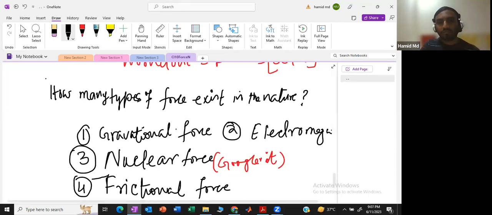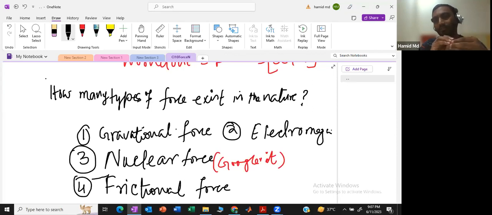So gravitational force. Now tell me where you find gravitational force. When we're walking, the gravitational force pulls us to the ground. Okay. Where do you feel electromagnetic force? When you put a magnet on the fridge. That's a good example.